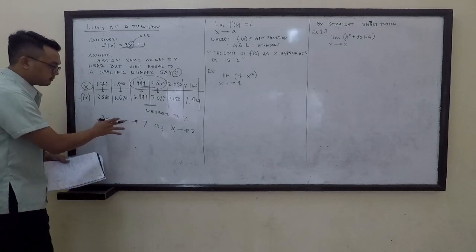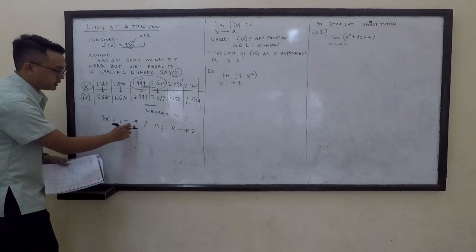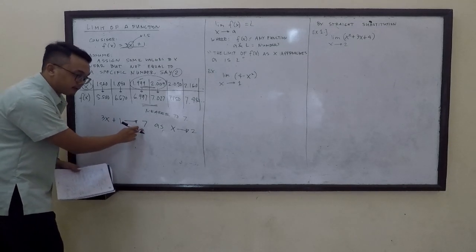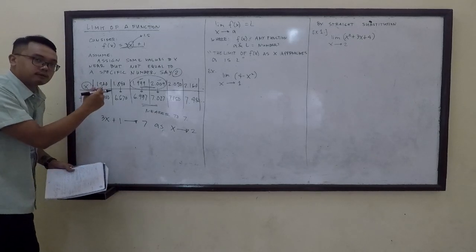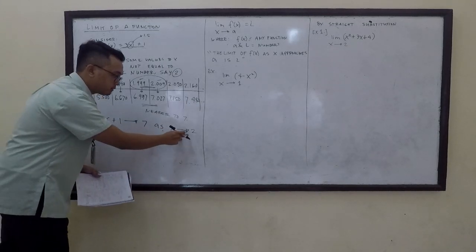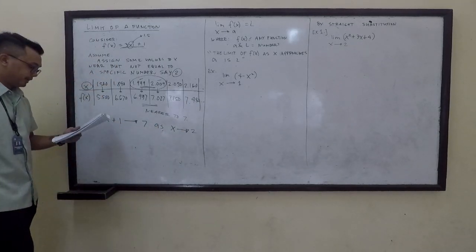So 3x plus 1 approaches 7 as x approaches 2. It is not equal to 7 and not equal to 2.